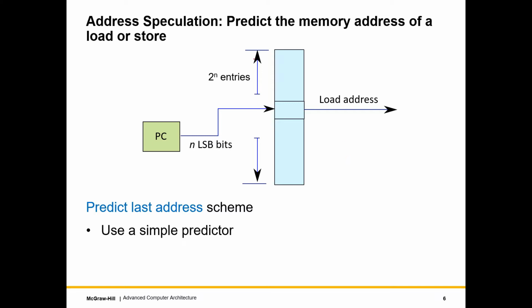Let's say for a given memory address, if we want to predict the address of a load or a store, we can use exactly the same structure, where we use the n least significant bits to access a table of 2 raised to the power n entries. Wherever there is a hit, if there is a match over here, then there will be an address, and this we will use as the load address. It can be the store address as well, but since loads are on the critical path, we typically do the prediction for loads. So this is a very simple scheme where you predict the last address.